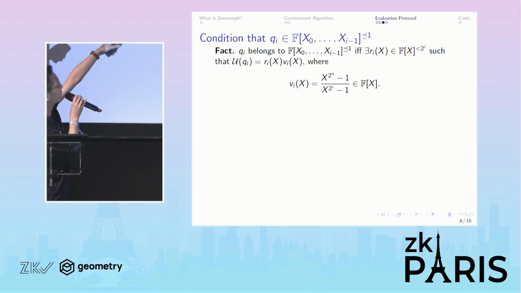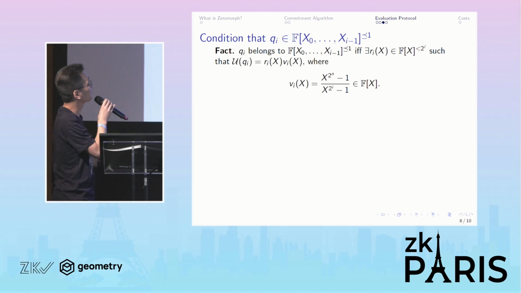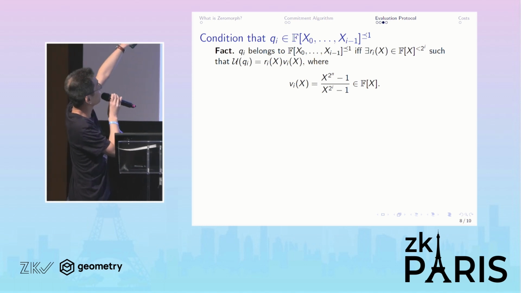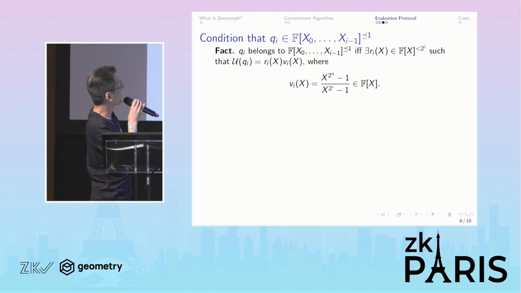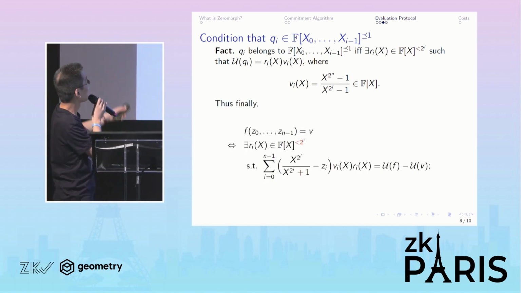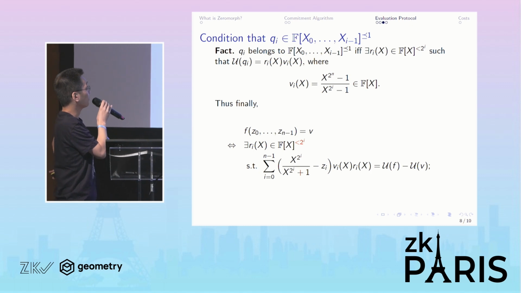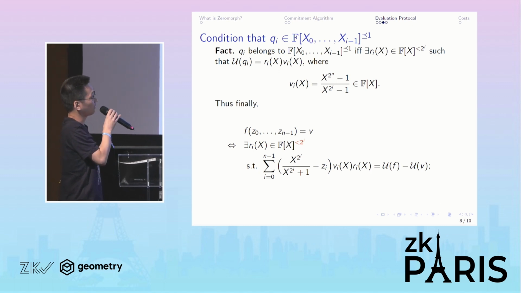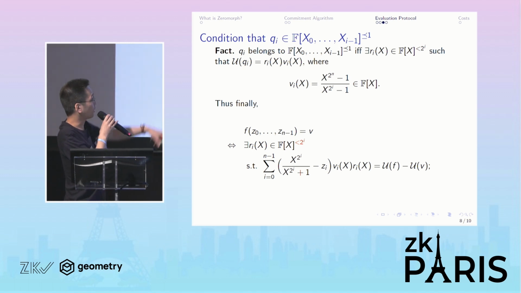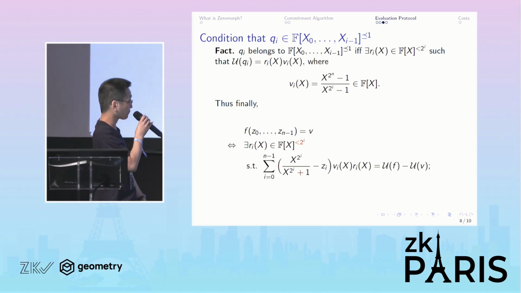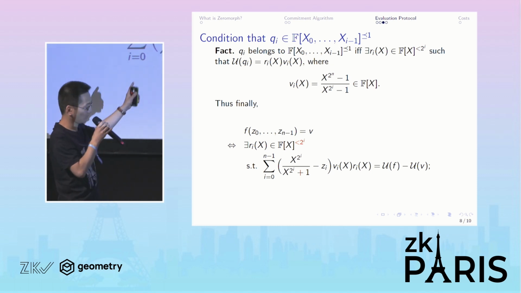It's in a fraction form, but this is divisible, so it's a polynomial. So throwing this fact into the previous equation, we obtain this. f evaluates to v if and only if there is R_i of this bounded degree such that this last equation holds.